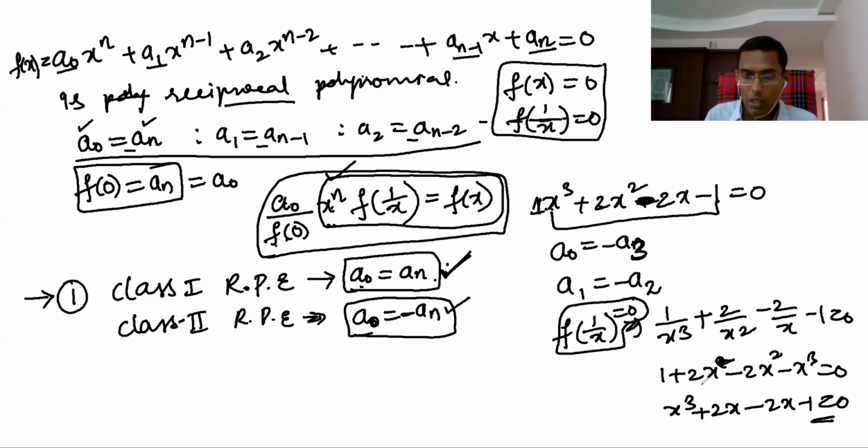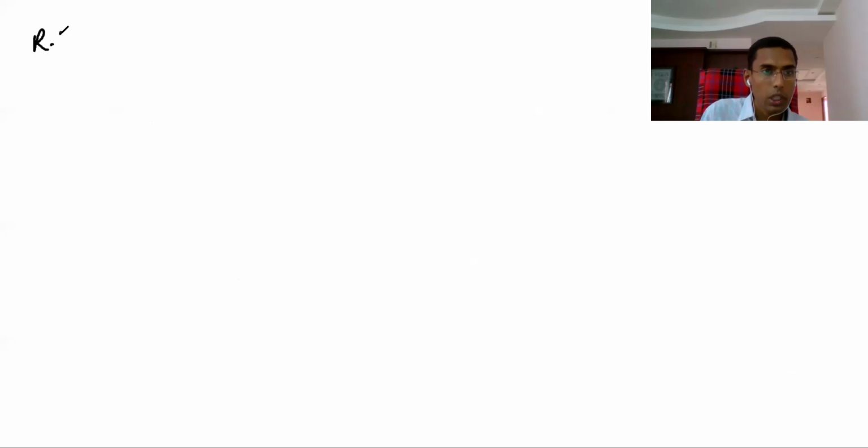You have to take minus common. For class 2, a naught by an becomes minus 1, and for class 1, a naught by an becomes 1. Hope you understand: what is class 1 and what is class 2? Reciprocal equation of class 1.